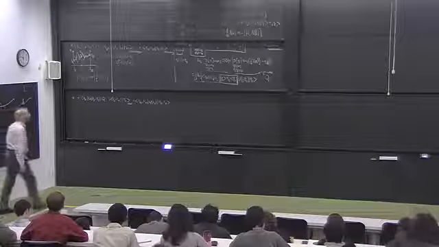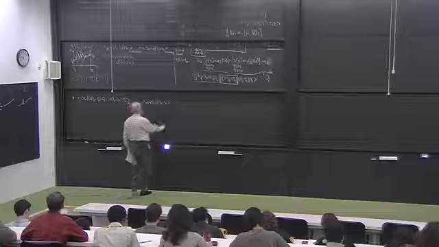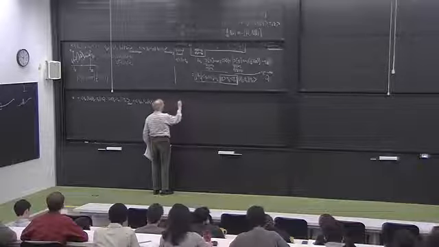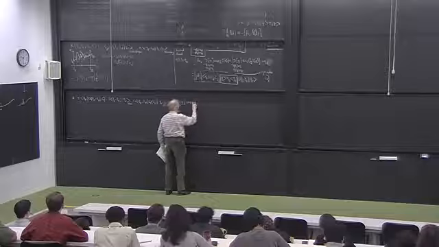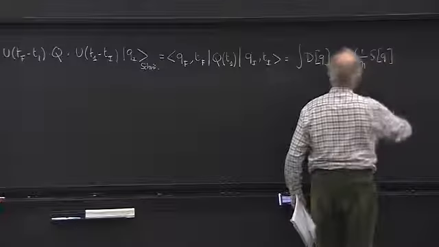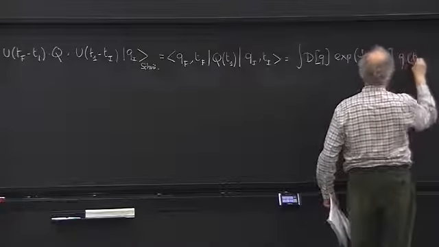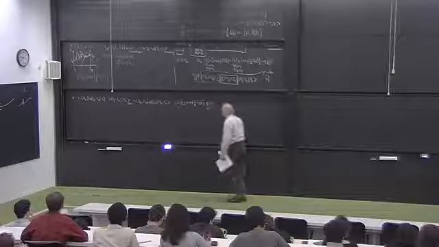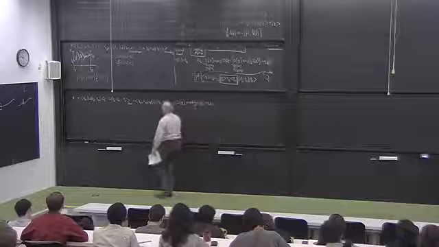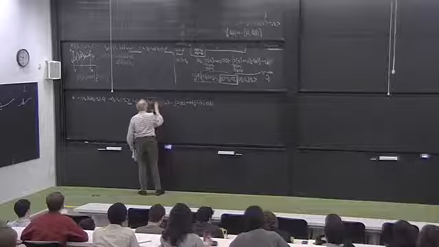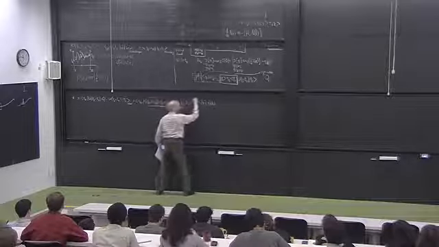Okay. So this path integral d of Q, exponential i over h bar S of Q times Q at time T1 is just a way in path integral to represent the matrix element of this operator.